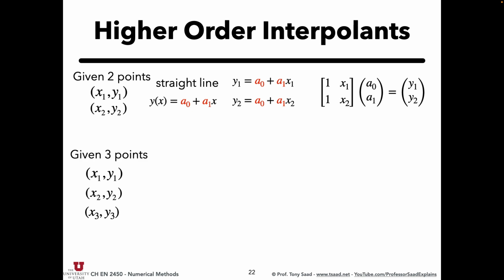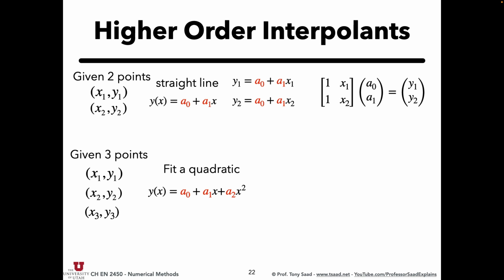So now given 3 points, x1, y1, x2, y2, x3, y3, you could potentially have 3 equations. So therefore, you could put a function with 3 unknowns in it, right? So how about we fit a quadratic? a0 plus a1x plus a2x squared. The unknowns are not the x values.